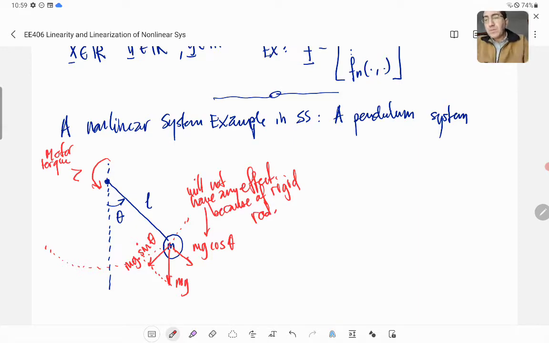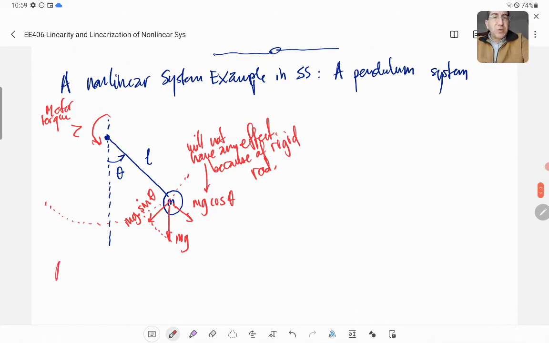Okay? So mg sine theta is the force that is pulling the mass towards the center. And you see that if theta becomes negative, this force actually changes sign. It always pulls the mass towards the center. Okay?